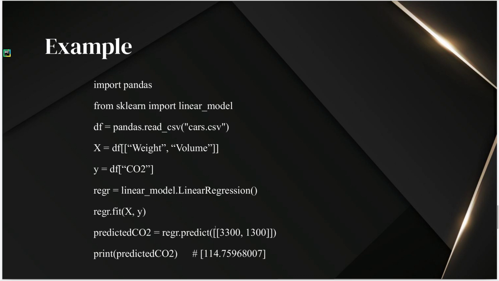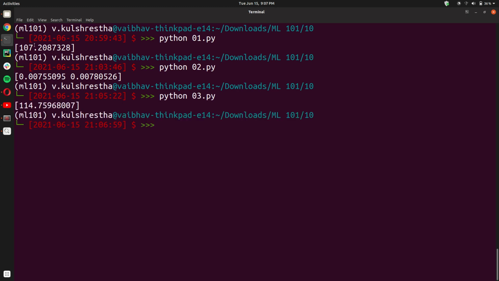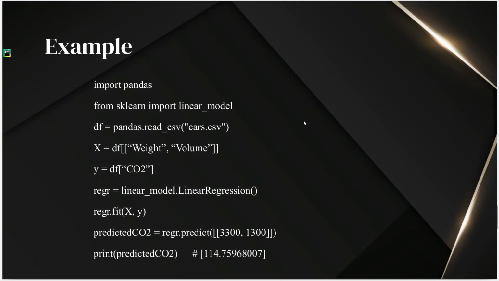Here we are doing an example similar to the one we had before, just the values that we feed to the predict method are 3300 and 1300 in a list inside another list. Let us run this and see. The first value we got is 107. The second value we get is 114. Roughly a difference of 7, which corresponds well with the coefficient that we had.